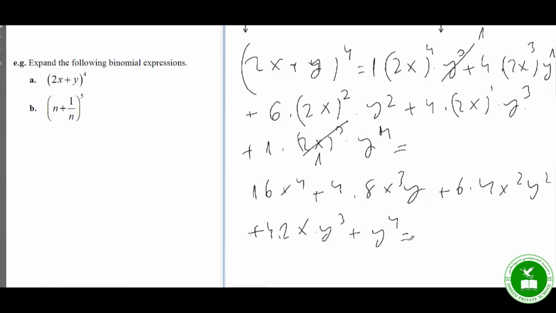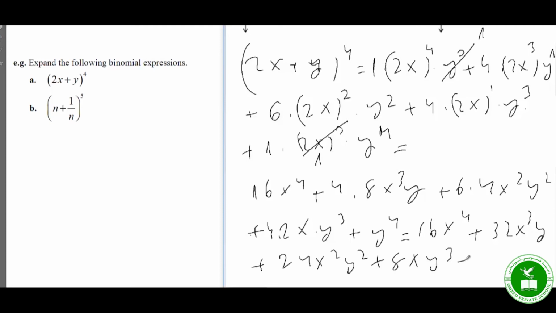And this is equal to 16x to the power of 4 plus 32x cubed y plus 24x squared y squared plus 8xy cubed plus y to the power of 4, which is the expansion of this binomial expression.